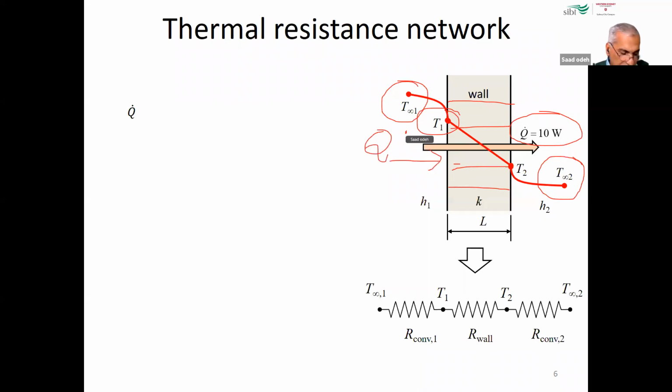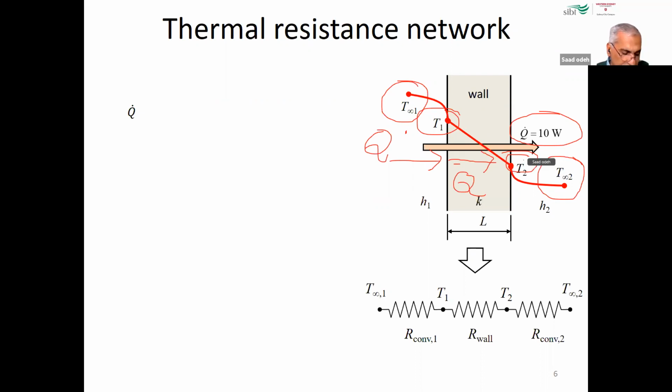And then because there is a temperature difference between T1 and T2, this heat transfer will continue through the wall, the same amount Q dot, until it reaches the other side, T2.